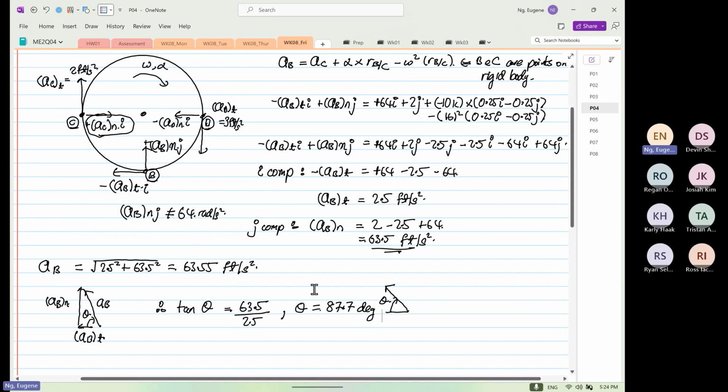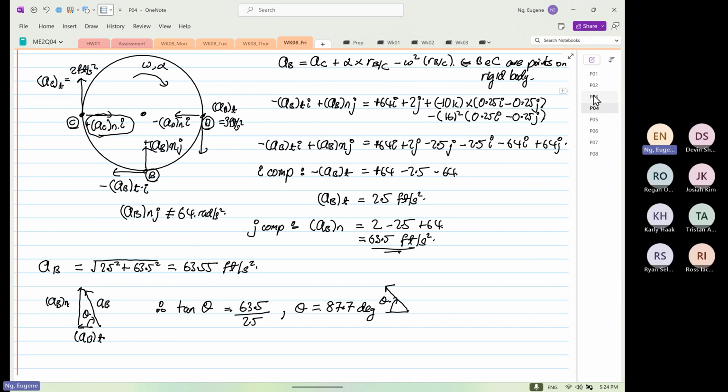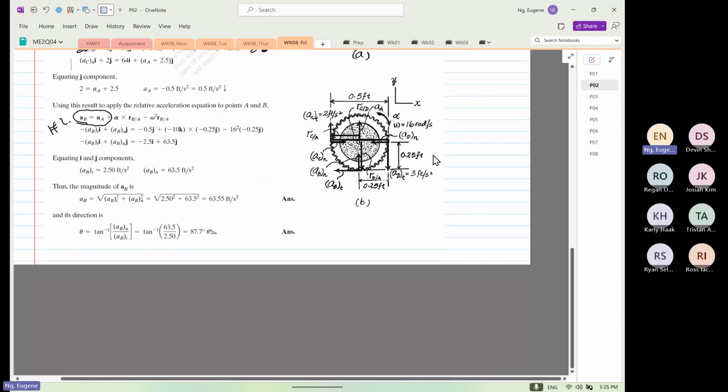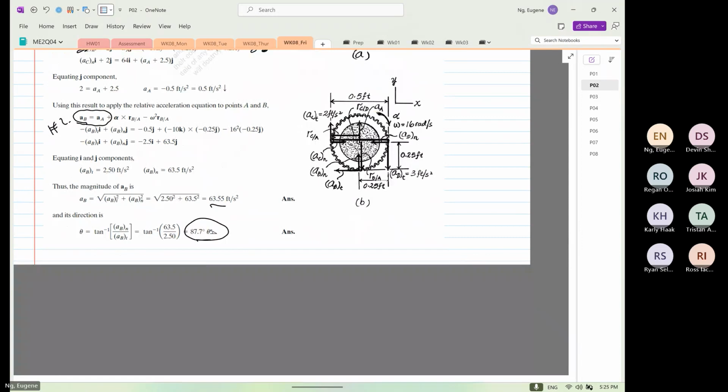So if we were to go back to this question over here, is the answer correct? Spot on. We can do that because all the points are on a single rigid body. Yes.